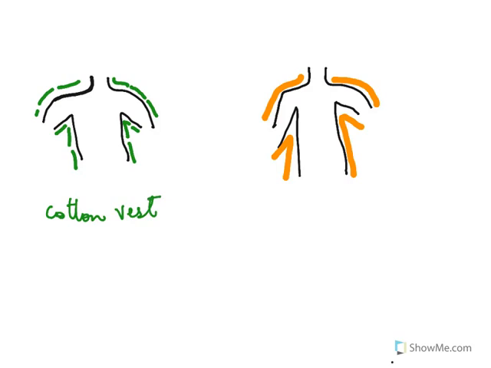So when the person sweats, now here he is sweating, this sweat is going to evaporate. It's going to come out of the pores and come on the outer surface, and it will evaporate.